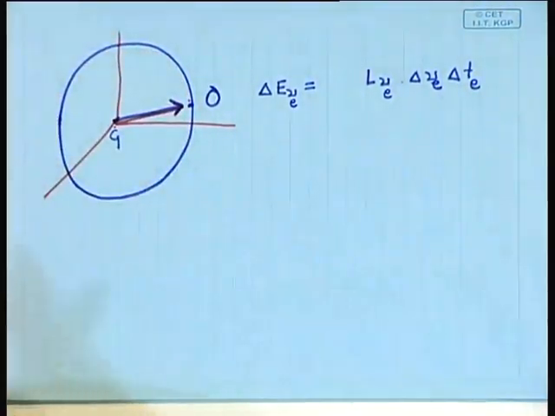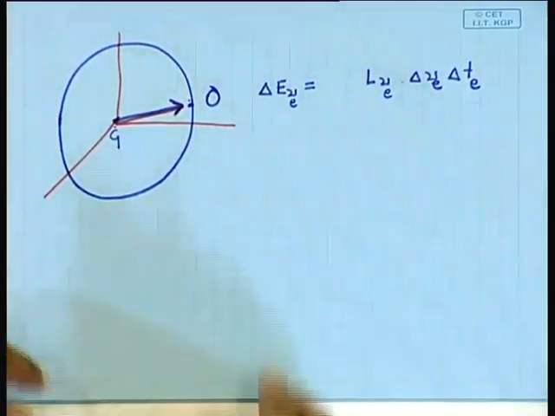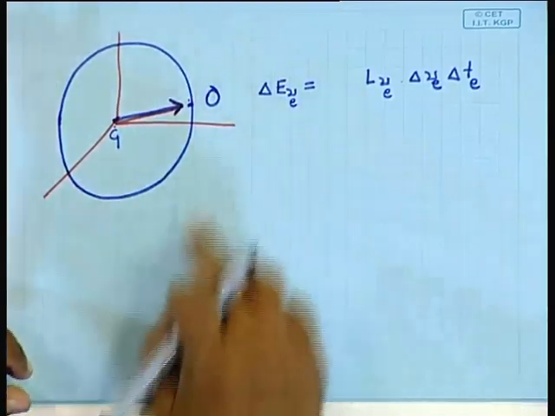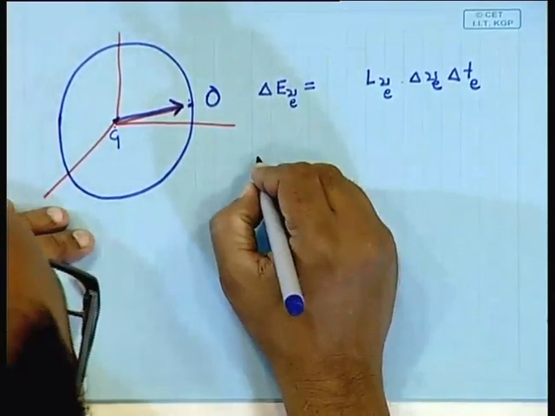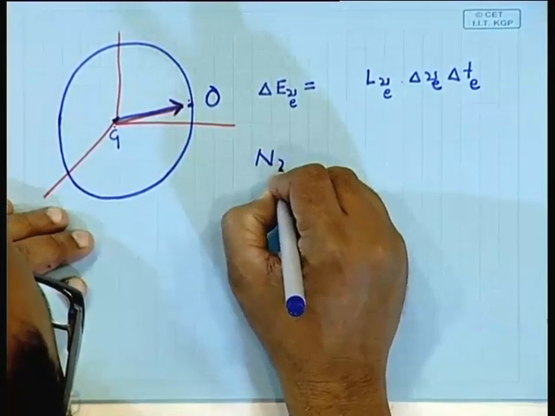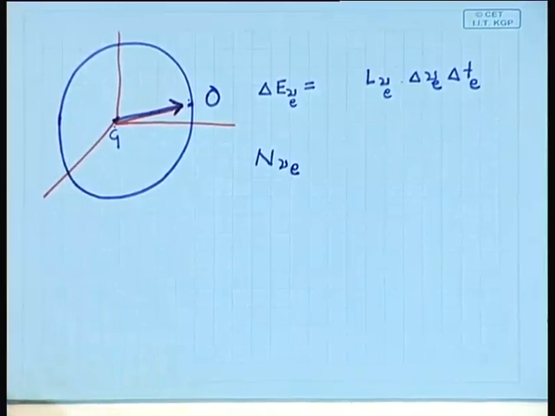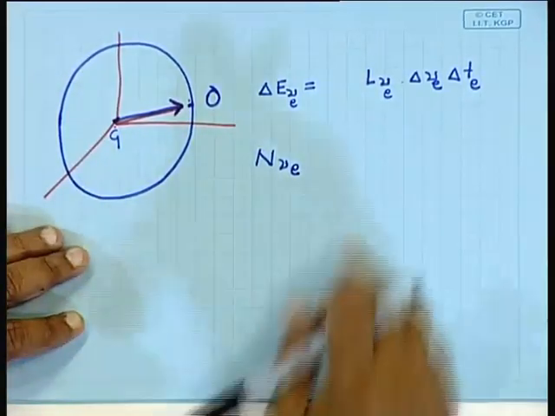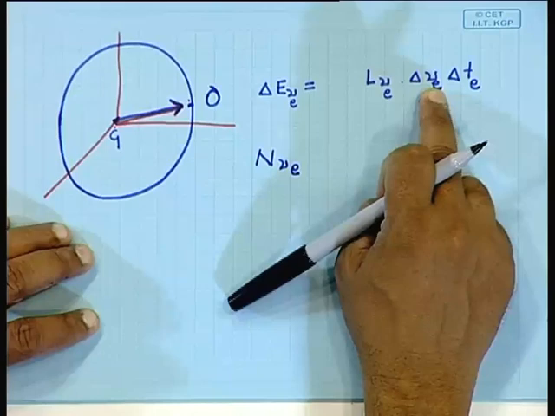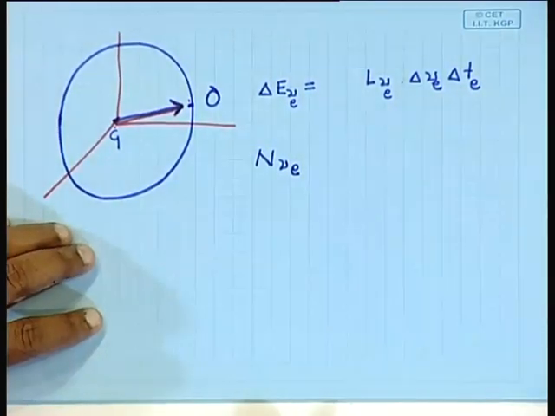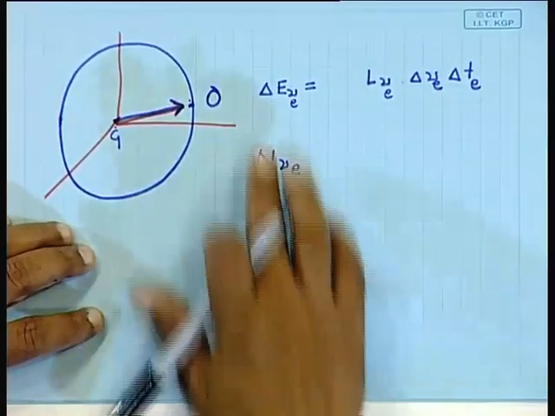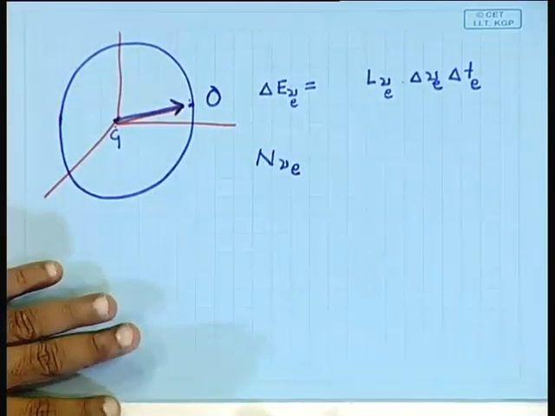In the time interval delta t emitted, in the frequency interval delta nu emitted, the source emits this much radiation. So, let us ask the question, how many photons n nu are emitted by this source in the frequency interval delta nu emitted, in the time interval delta t emitted. How do you calculate this from the energy?